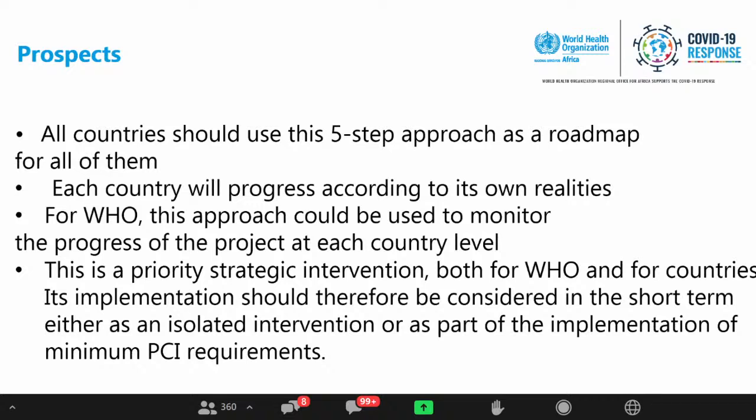We should also note that this is a priority strategic intervention both for WHO and for countries, and its implementation should therefore be considered in the short term, as we are still in a pandemic and the staff need to be protected.